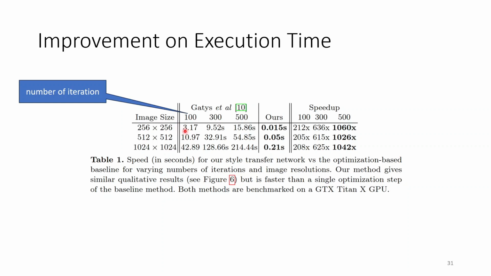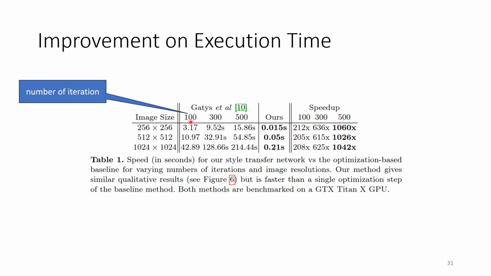And Justin Johnson's method only needs 0.01 seconds, so it's much faster. The speedup is 200 times.